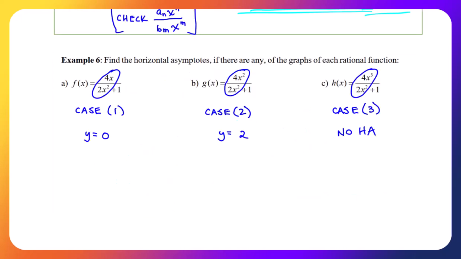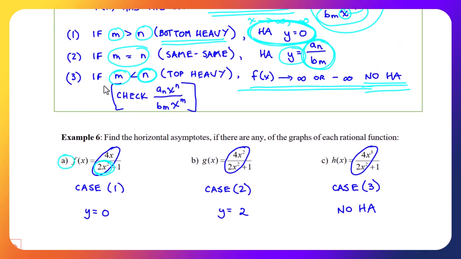Now watch how easy this is. In A, the denominator's exponent's bigger, so it dominates. That's case 1 from above. And if it's case 1, then it's bottom heavy, and the fraction gets smaller and smaller, and the horizontal asymptote is y equals 0. In B, they're the same.